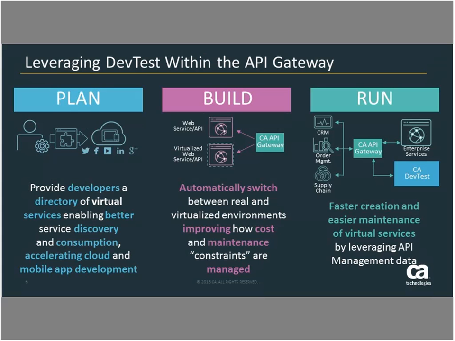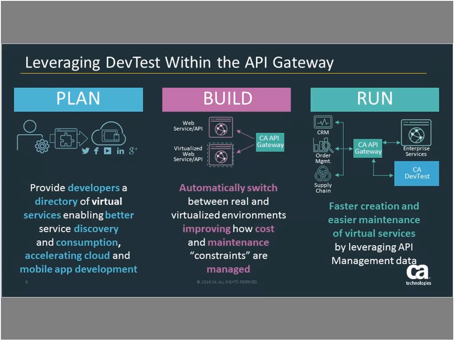Again, this is a demo, not a sales pitch, but I did want to share with you the plan, build, run concept. This involves DevTest and APIM. In the plan phase, you give developers a catalog of virtual services to help them accelerate development. It's a very interesting concept, a catalog of services that can be built over time and used within an organization.